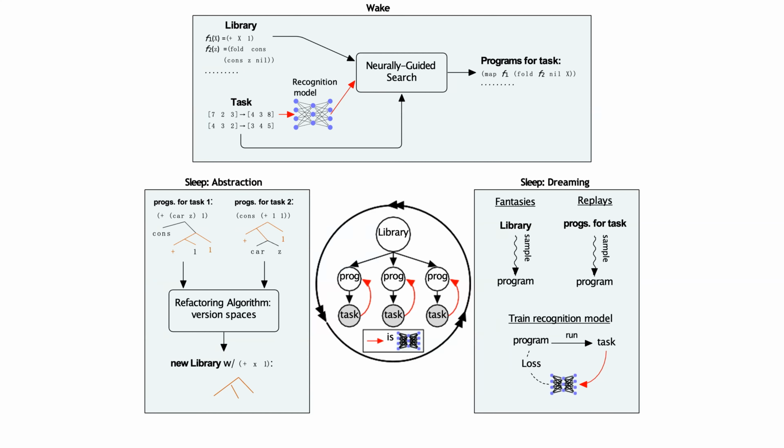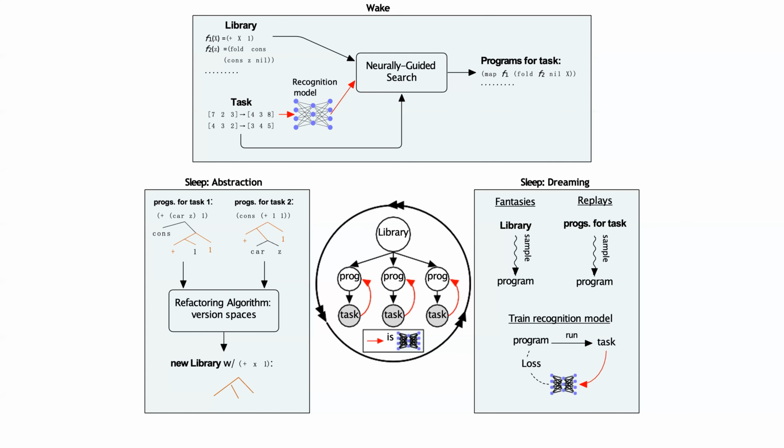And so here's an example up there. You have one program for task one. This tree structure is basically the expression tree for the program. At the top level you have a plus, and there is a car, where you're pulling up the head of the list, and so on. And then the other one is just doing a cons on a list.